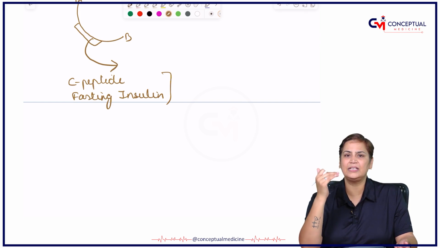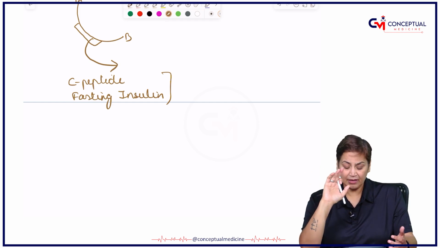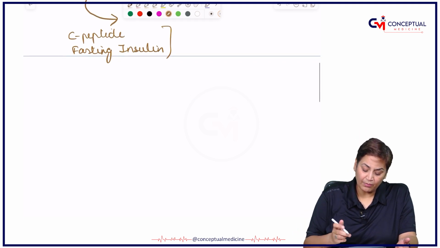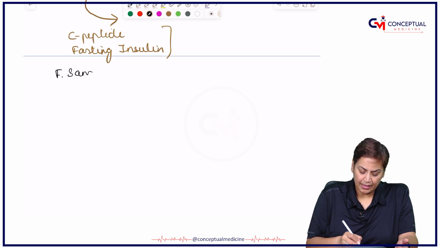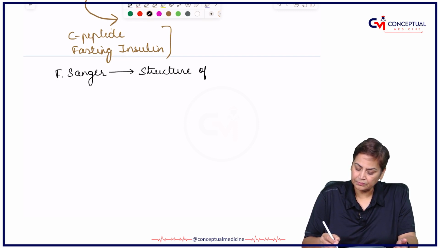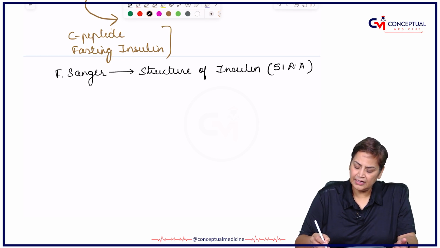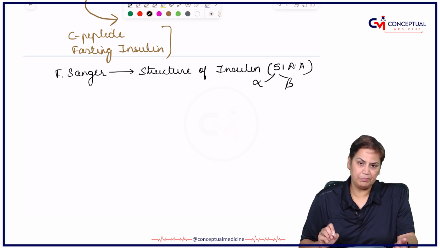And that is what becomes the basis of recombinant DNA technology. Means we are recombining DNA. Okay, and that is why, if we talk about this, there was one scientist, Frederick Sanger. This Frederick Sanger gave the structure of insulin. He told that it has 51 amino acids and 2 chains, alpha and beta.